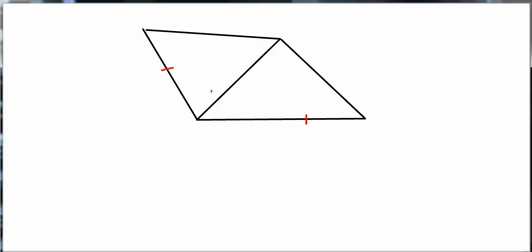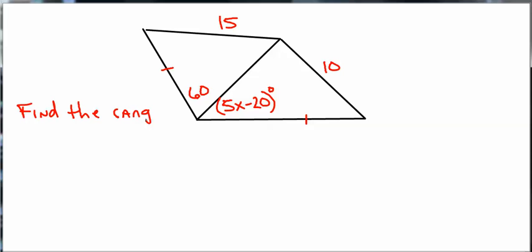This is 60. This is 5x minus 20 degrees. And 10 and 15. Now the question is, find the range of values for x.